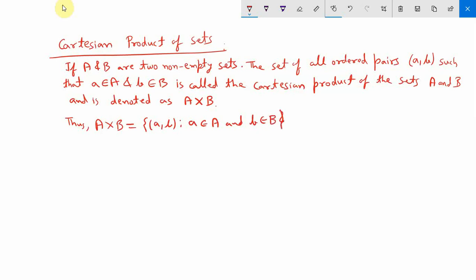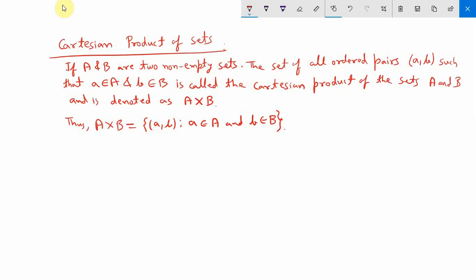Okay, this is set builder form. Please go through the set lectures if you have no idea of sets. Okay, friends, before seeing this topic, you should be aware about sets.